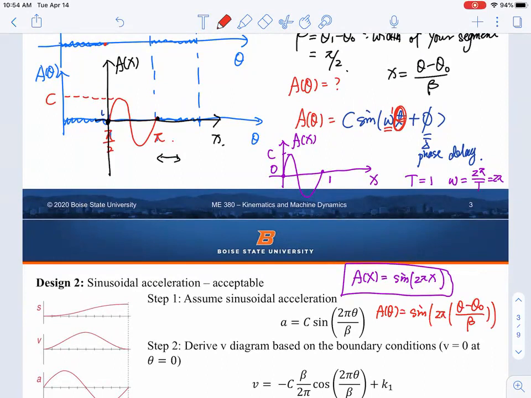So once you have A(theta), you can find your V(theta) and S(theta) by integration, right? Oh yeah, it should have a constant. I forgot the amplitude. So that's how you find your A(theta).